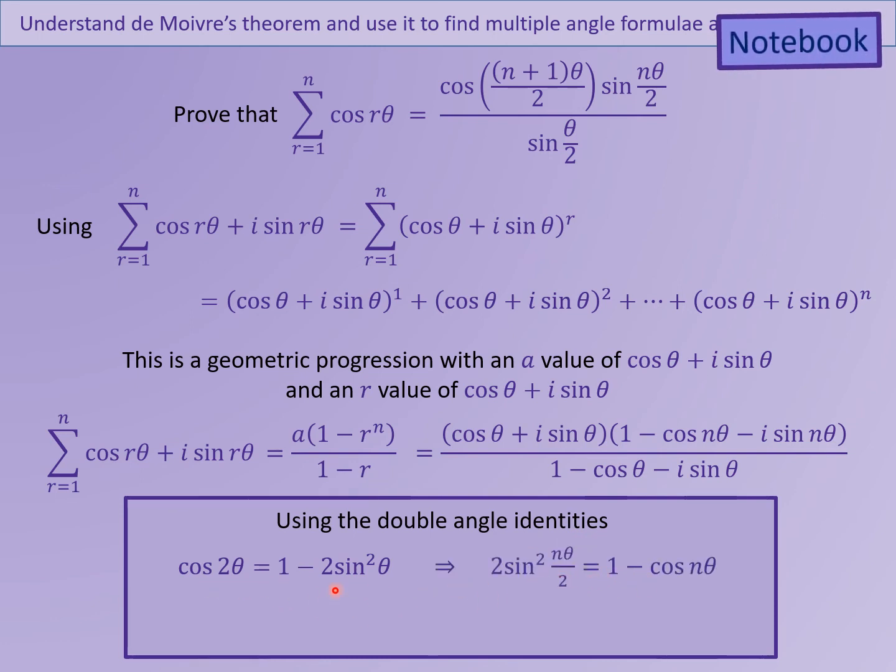If this is true, which it is, 2 theta is going to be changed to n theta. So if 2 theta is n theta, then theta on its own is n theta over 2. Just convince yourself that that's true. I've rearranged it, taken that to that side, this to this side, and replaced the 2 theta by n theta.